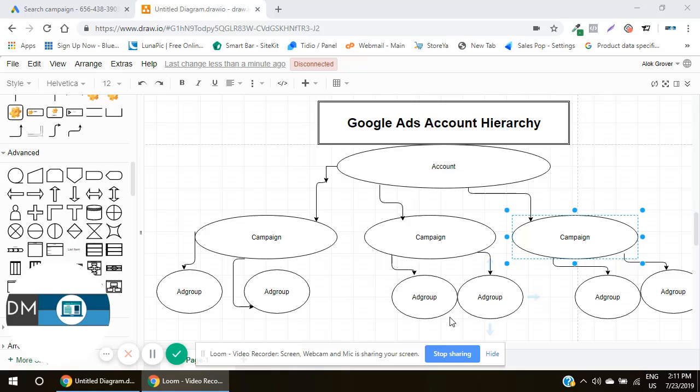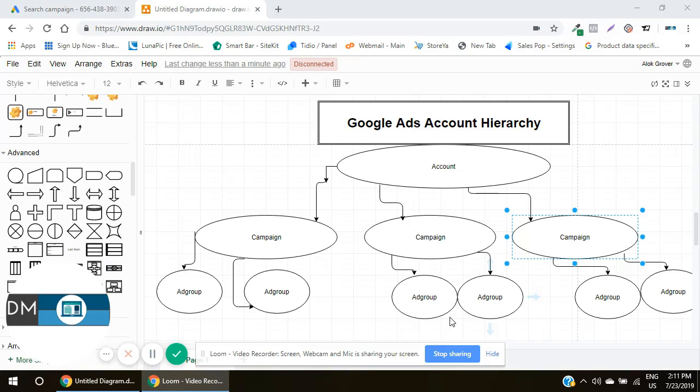So with this, let's discuss the hierarchy. I have told you a bit about the significance of the Google Ads account hierarchy. Now let us discuss what the hierarchy is. At the top lies the Google account.